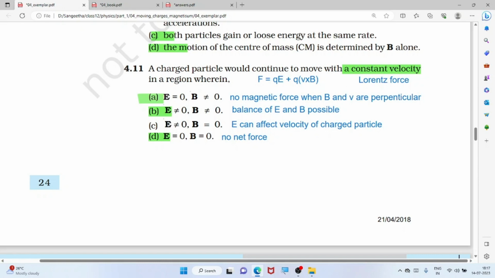Here we can balance E and B. Is it possible to adjust the electric field and magnetic field, like in a velocity selector, so that it will move with a constant velocity? Here the electric field is not zero, which means it can affect the velocity, so this is not the answer. Where the net force is 0, it can travel with constant velocity. So these three are the answers.